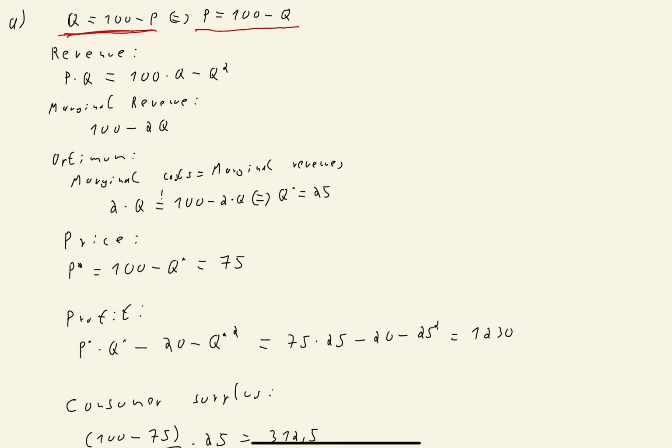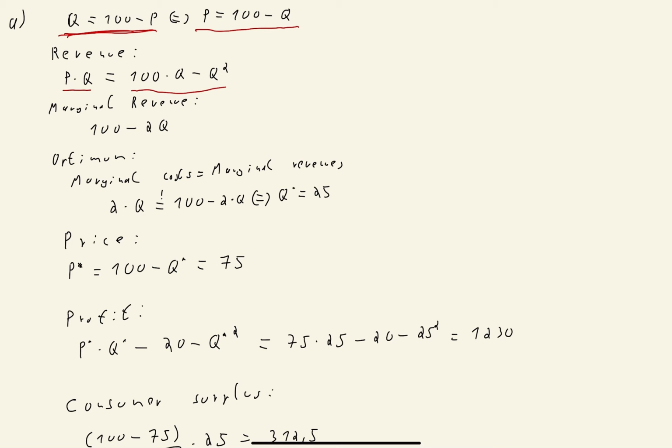So we simply solve the demand function for the price, and that's how we get the inverse demand function. Then we can derive the revenue, which is simply the price times the quantity. Since we have the inverse demand, the price is a function of quantity, so we have the revenue solely as a function of quantity.